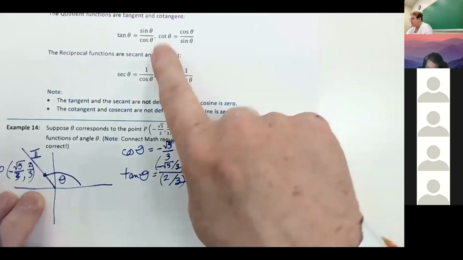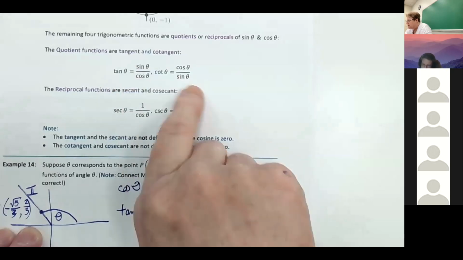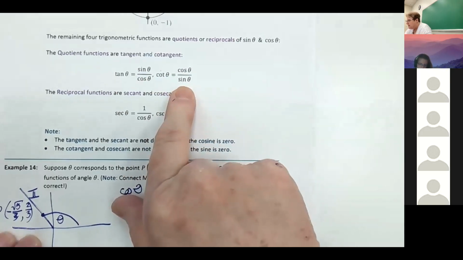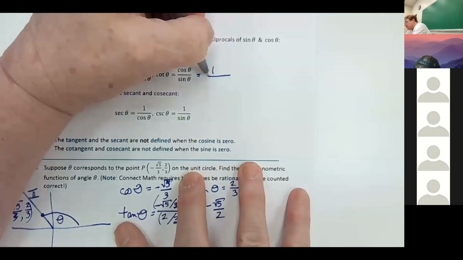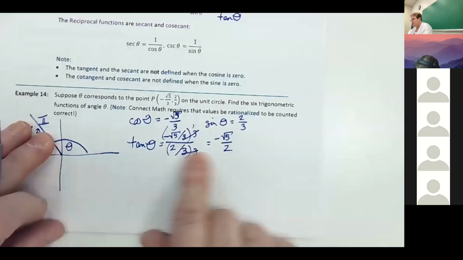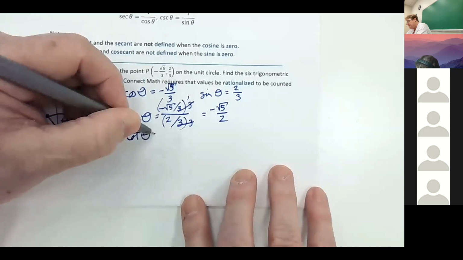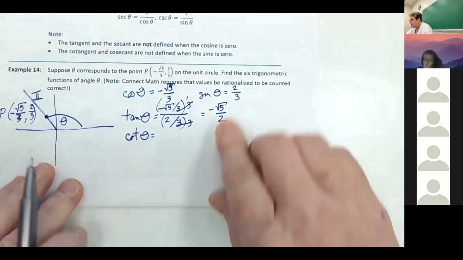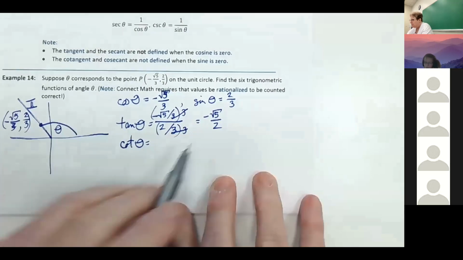The cotangent, do you see that cotangent and tangent are also related to one another? The cotangent can also be written as 1 over the tangent. So let's find the cotangent using the tangent we just found. The cotangent of theta will be the reciprocal of the tangent. What is the reciprocal of negative square root of 5 over 2?